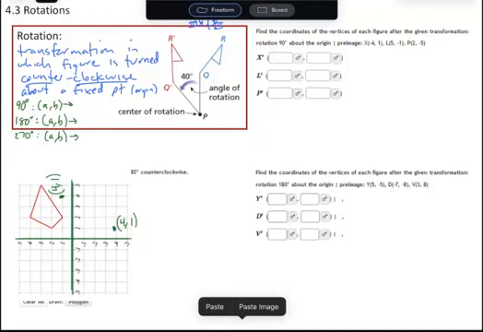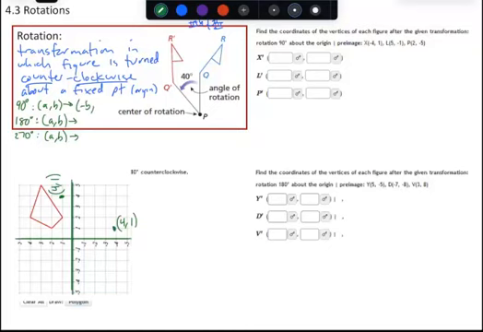Now the x-coordinate is the opposite of the y, and the y-coordinate, now 4, was the original x-coordinate. So a 90-degree rotation gives you an x-coordinate that's the opposite of the original y, and a y-coordinate equivalent to the original x.